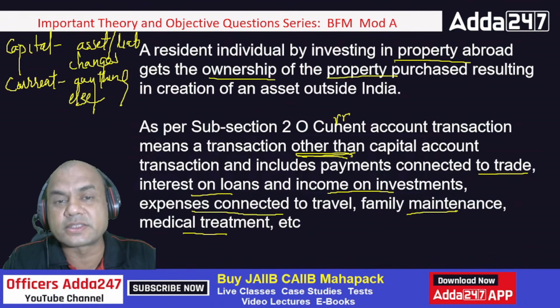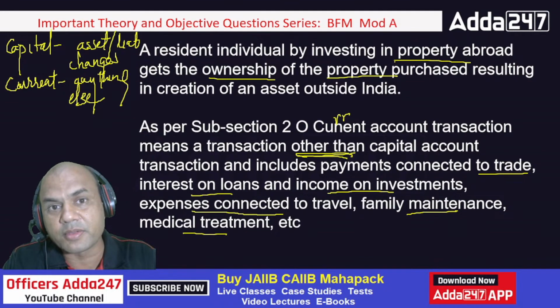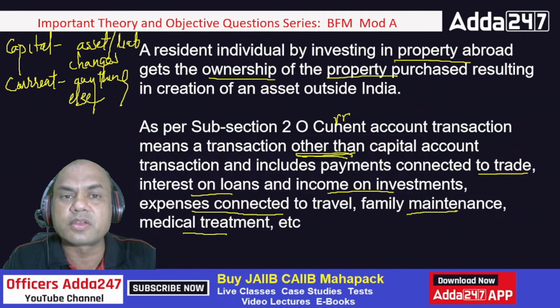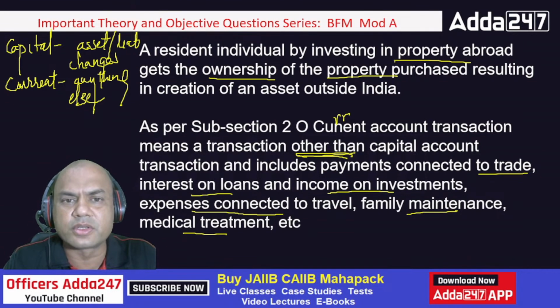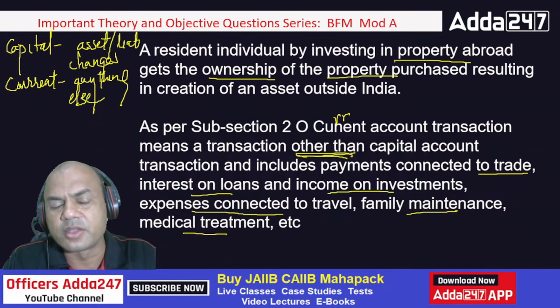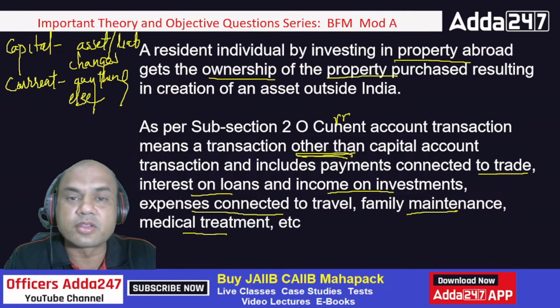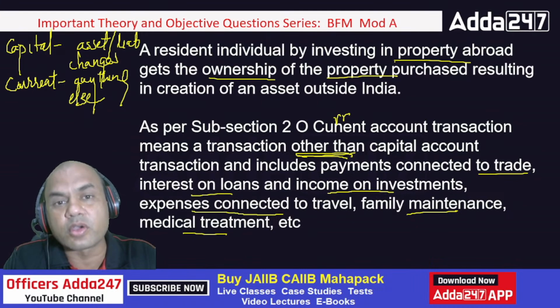So capital means what? Which changes my asset. Suppose I am a shopkeeper and I am doing regular sales of toothpaste and all the daily usables, selling them daily. That is my job, so there it will be a current account or revenue account.